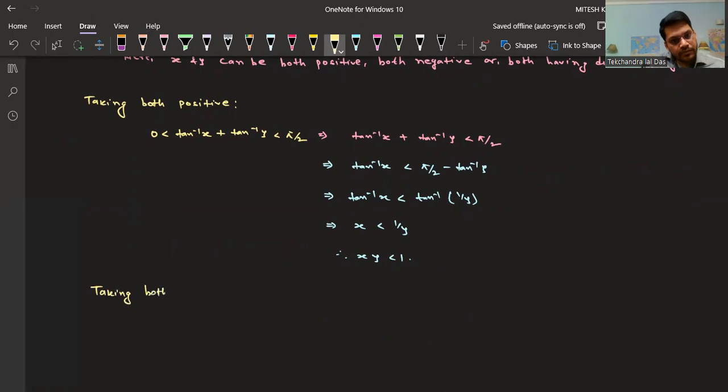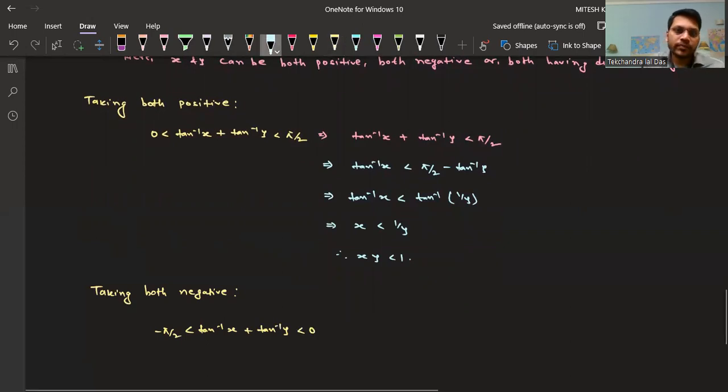Now just take both negative and check. Taking both negative, tan inverse x plus tan inverse y lies between minus pi by 2 and 0. Clearly, if both are negative, then tan inverse x plus tan inverse y less than 0 is obvious.